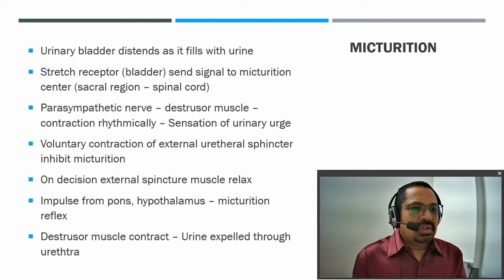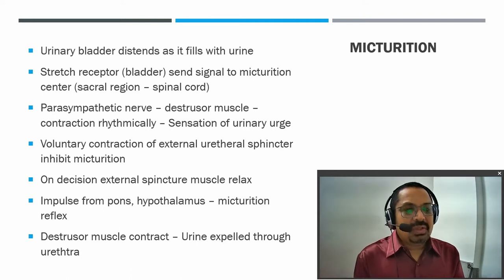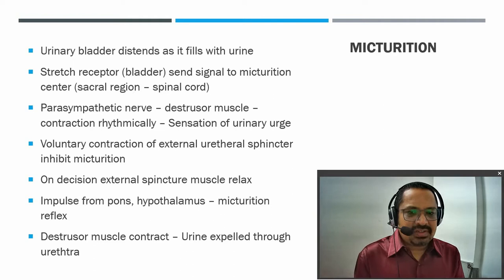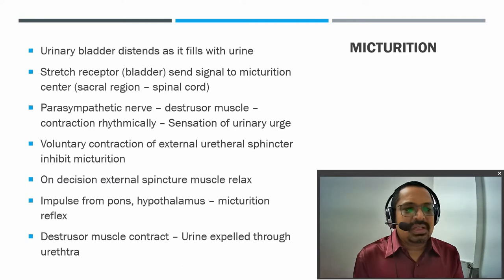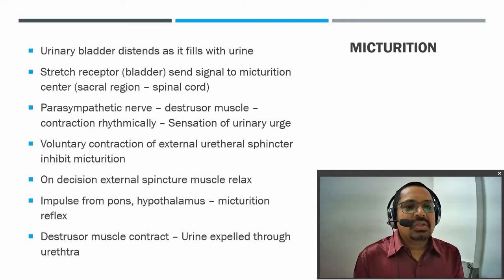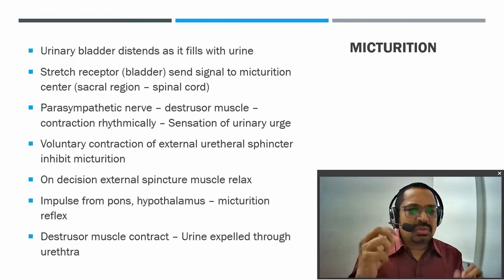The impulse from the pons and hypothalamus will be sent to the external sphincter, which will relax it, and micturition reflexes will be sent to the muscles. The detrusor muscle will be contracted, the sphincter relaxed, and urine will be expelled through the urethra. This is a little bit about how micturition takes place.